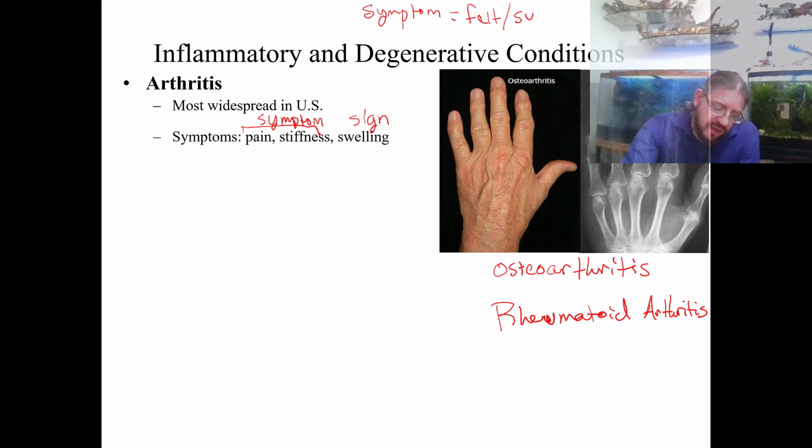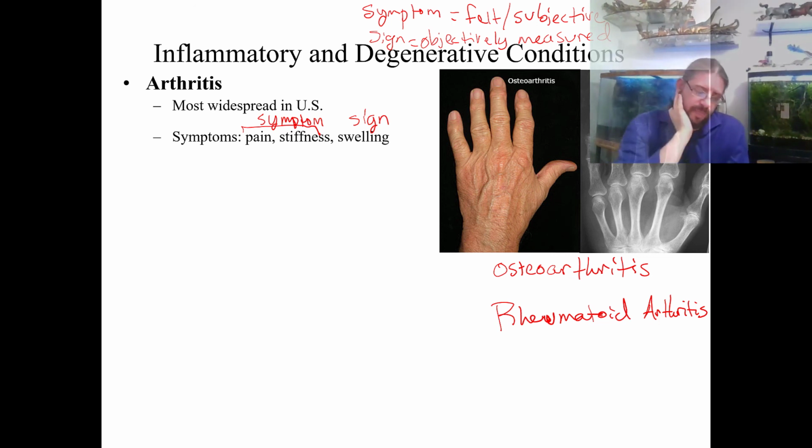It is subjective. You feel it. A sign of a condition is objectively measured. So you will feel stiffness in a joint, whereas a physician's sign would be reduced mobility in a joint.